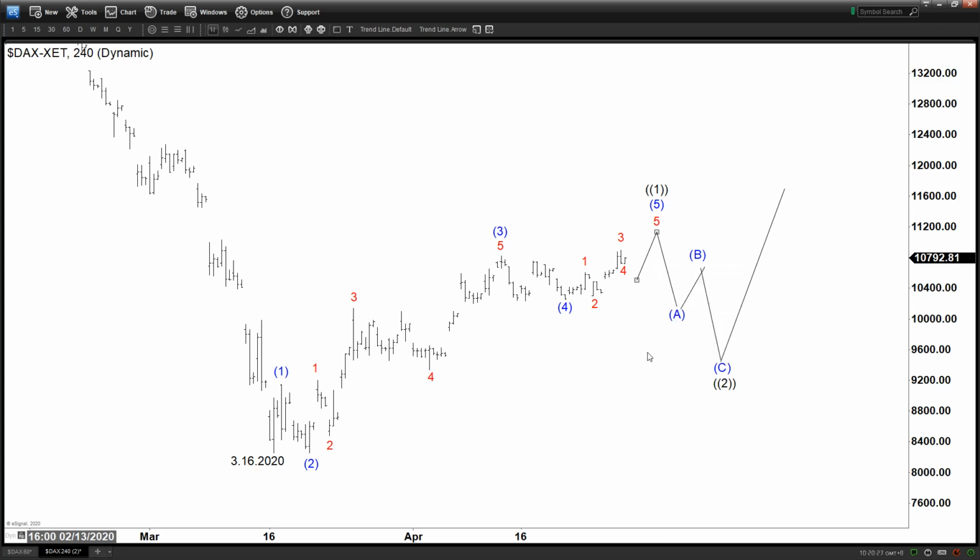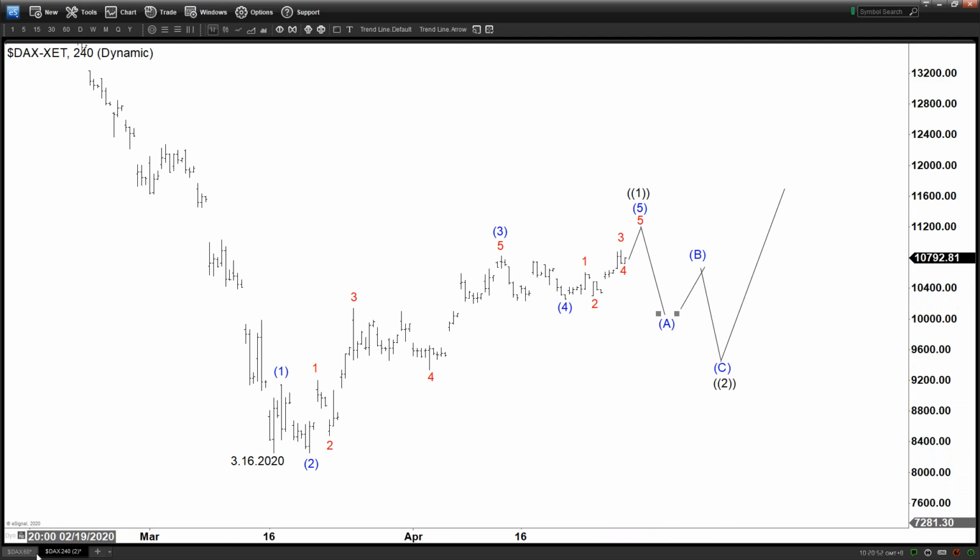Now, like I said, it is not a good idea to fade any five waves, because it can extend. One of the requirements for five waves is that typically in the wave 5 you will have a momentum divergence, because at that time the price will make a new high, but the momentum makes a lower high.